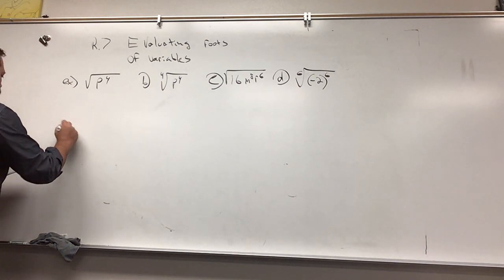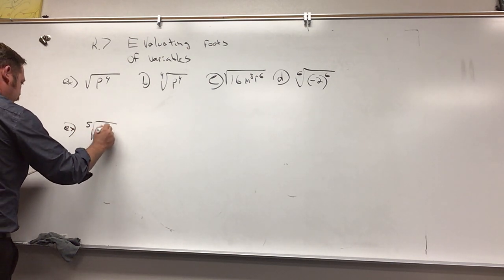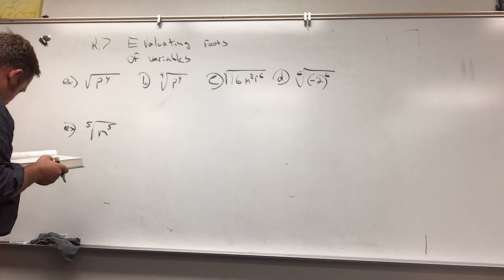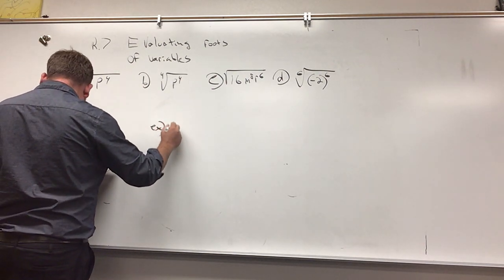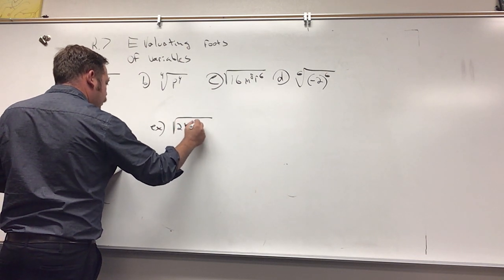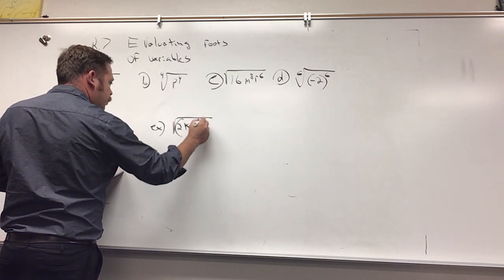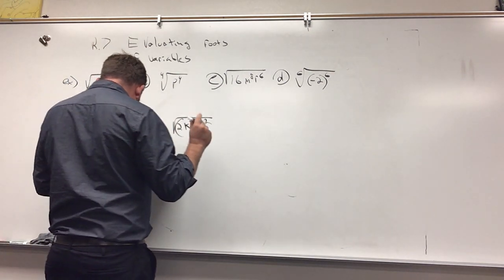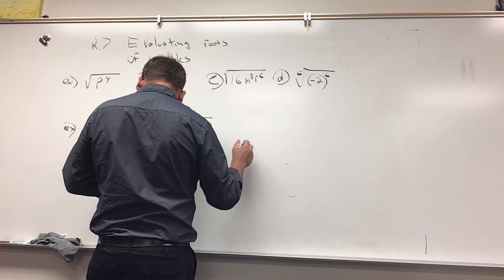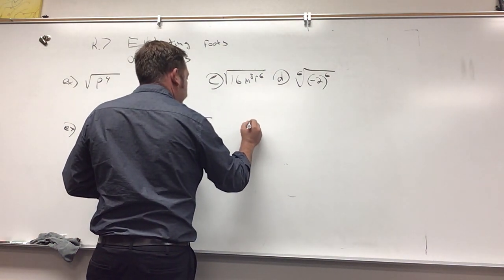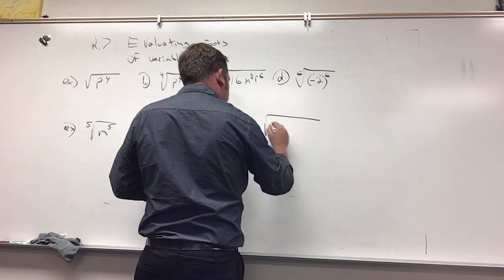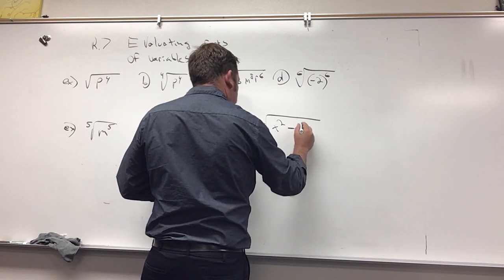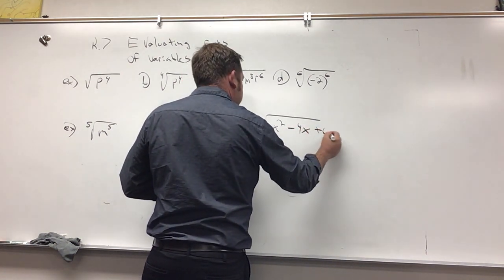Let's do the 5th root of m to the 5th. And let's do the square root of 2k plus 3 squared. Let's also do one last one: the square root of x squared minus 4x plus 6.